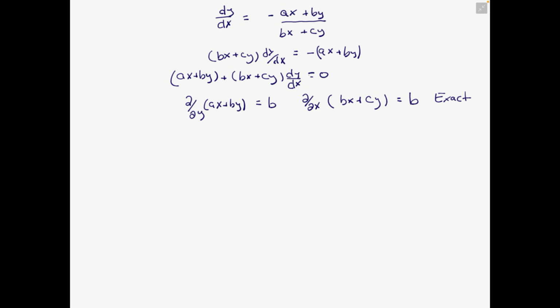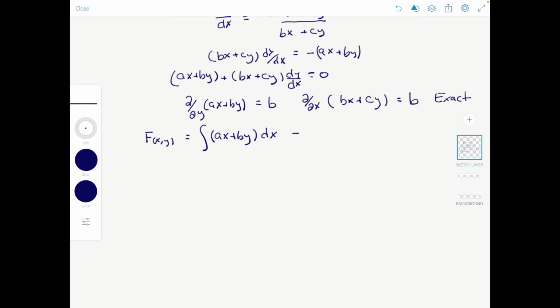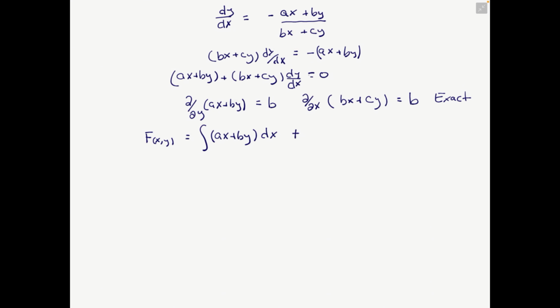And now we do our differentials. The partial with respect to y of ax plus by is b, and the partial with respect to x of bx plus cy is equal to b, and so they're exact. So now we do our integration.